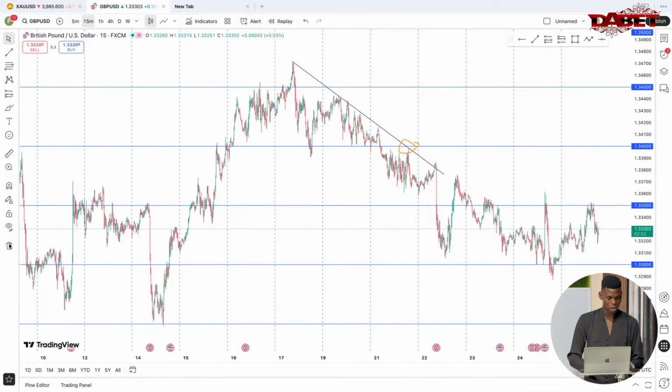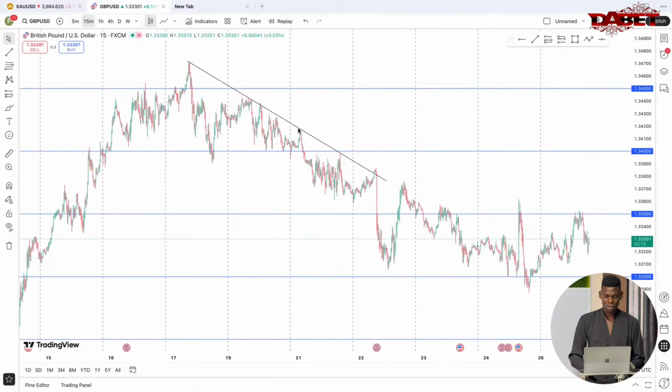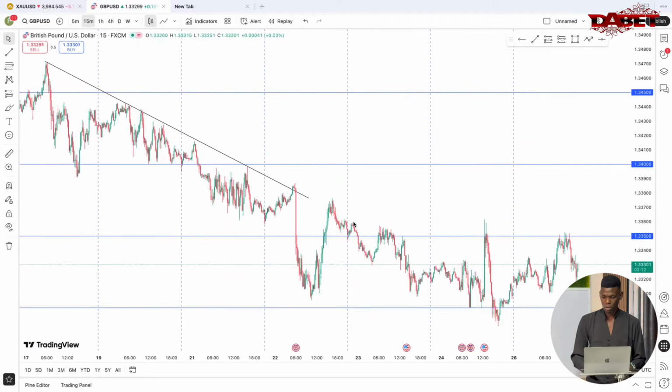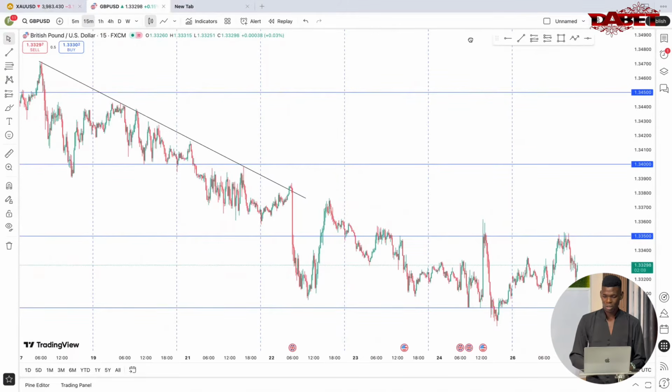Let me zoom in so you can see better. So at this point, I will obviously just be looking for a sell. The moment price comes to this place, I'm getting in for a sell. I'll take my sell, my short position, which is around this point.